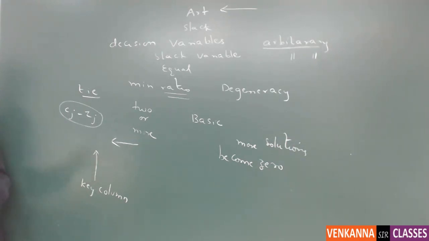If you talk of physical significance, a ratio of 4 means you are dispatching 4 units of goods for all the categories. So if the ratio is negative, how can we dispatch negative things? At the same time, if the ratio is unbounded, you cannot dispatch unbounded things.